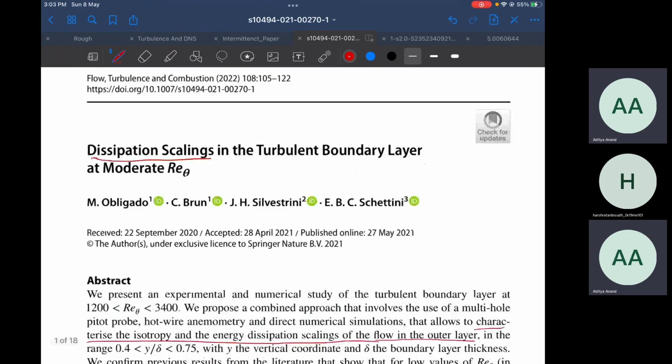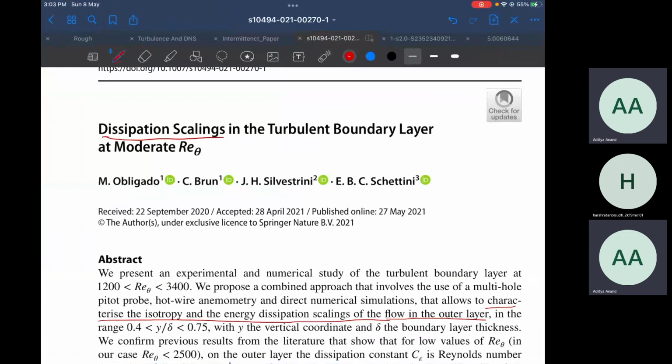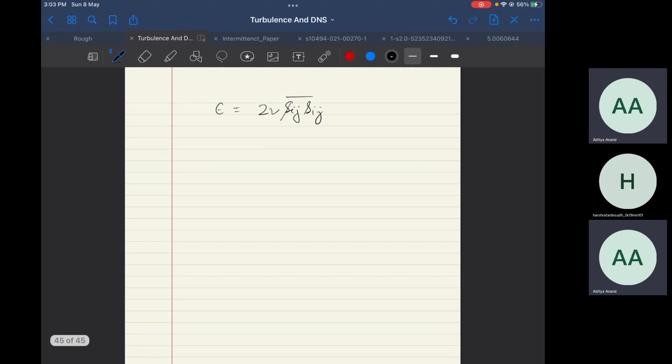What this means is, like I've told you about the energy cascade, your energy is being dissipated at small scales, right? And your dissipation, well, the expression for this is 2 times mu Sij Sij.